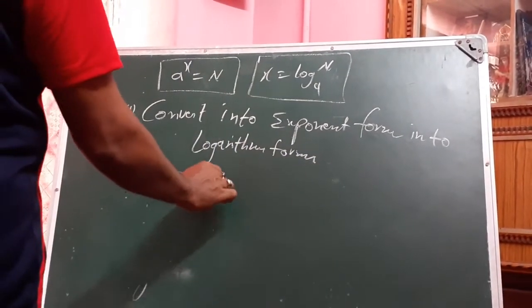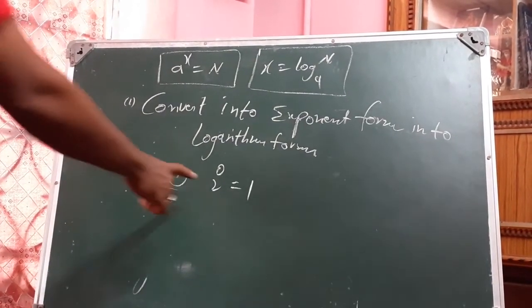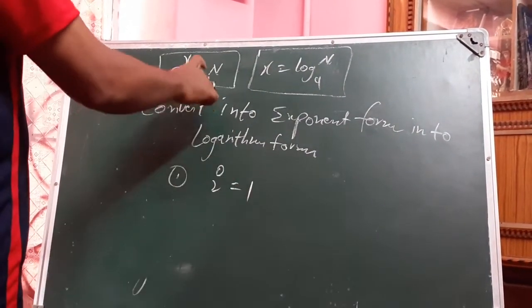Now first example, 2 to the power 0 is equal to 1. 2 power 0 is equal to 1. This is the exponent form.